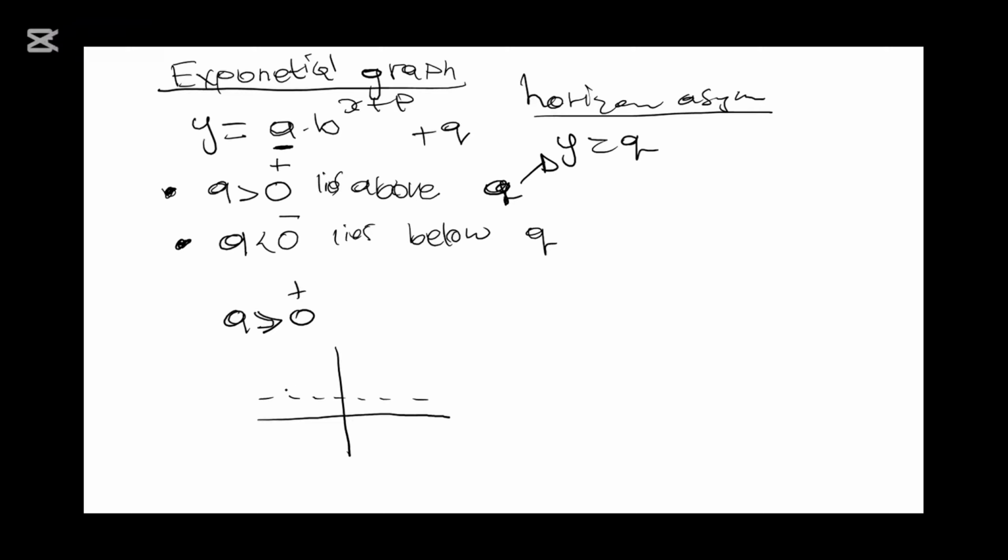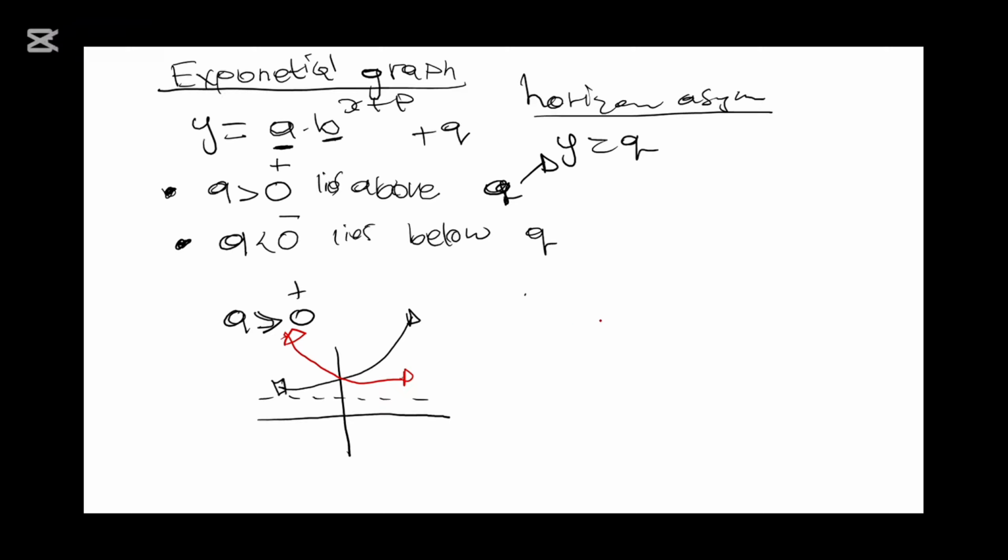And also the shape will be defined by the b, whether it will move like this, or it will move like this, as long as a is greater than 0.